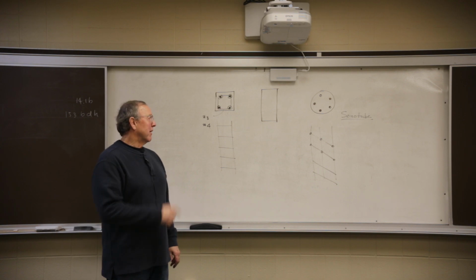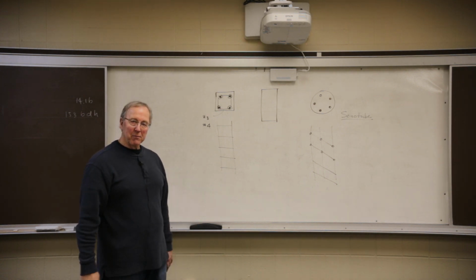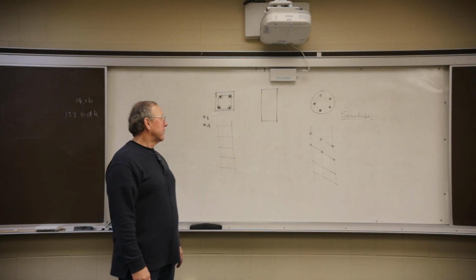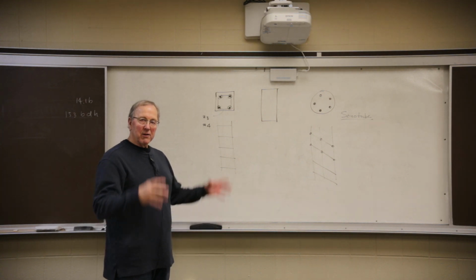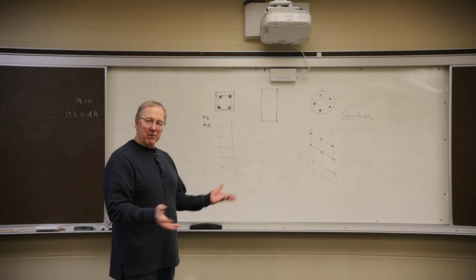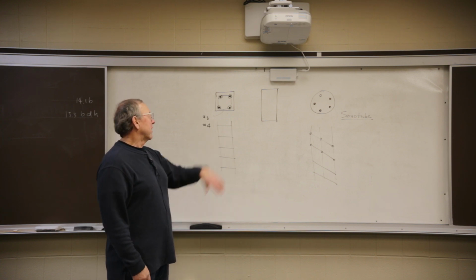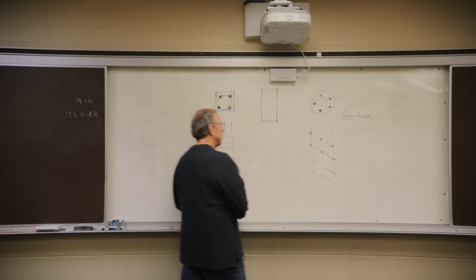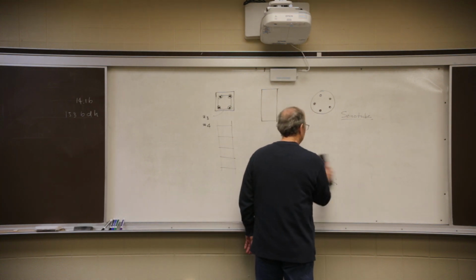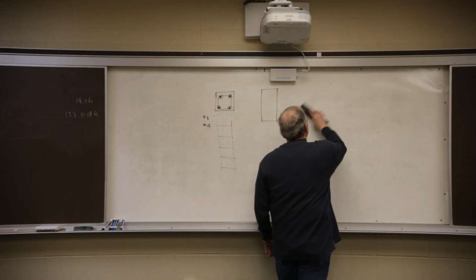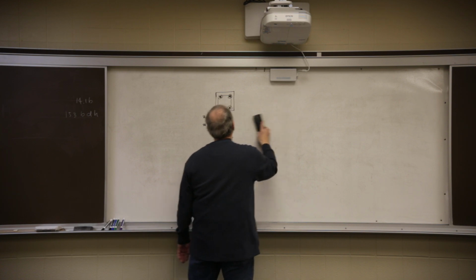So it's a spiral, it's made out of cardboard, it's got a covering on it so the concrete doesn't adhere to it. We stand it up, plumb it, drop our cage in, pour it, then strip it. So that's the basic information associated with columns.